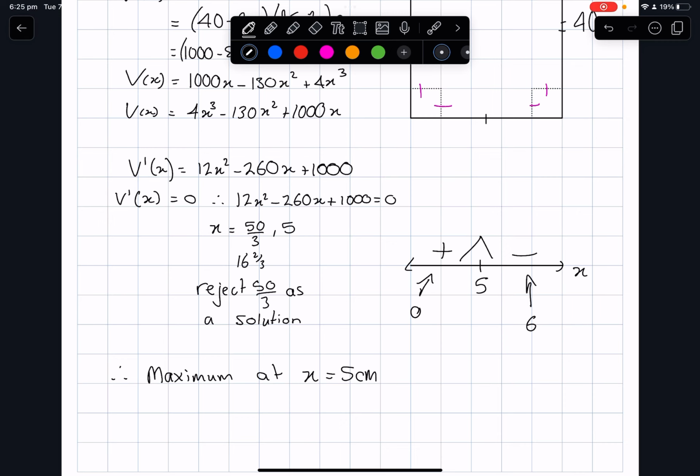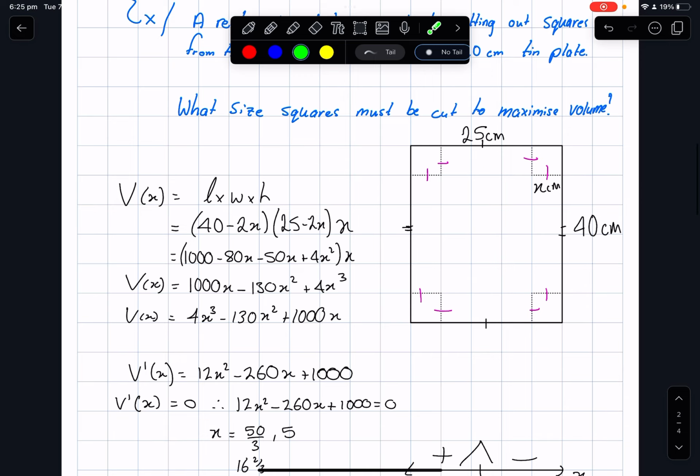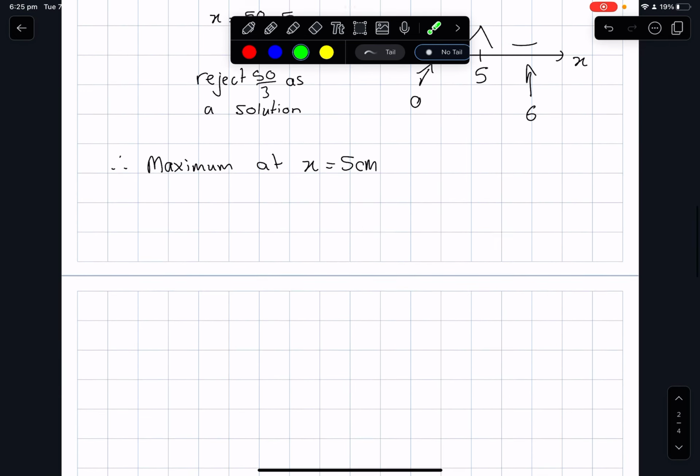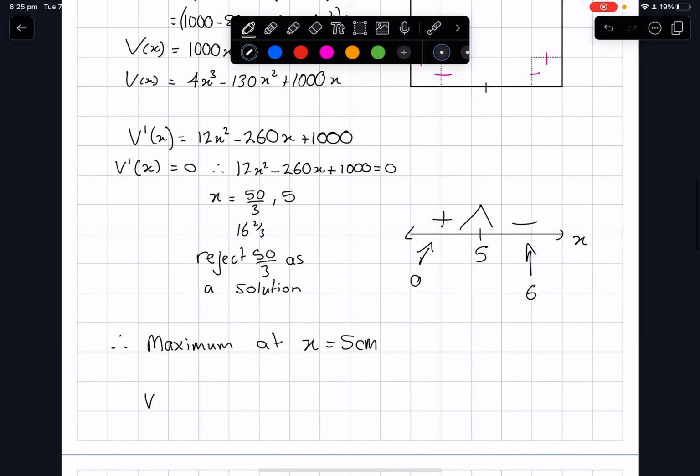And we want to find the dimensions of that tin plate. So, let's substitute x equals 5 back into here. So we want to find what size squares must be cut. So 5 centimeters. Let's actually find the volume that it maximizes. So V of 5. The easiest one to substitute into is this one here.